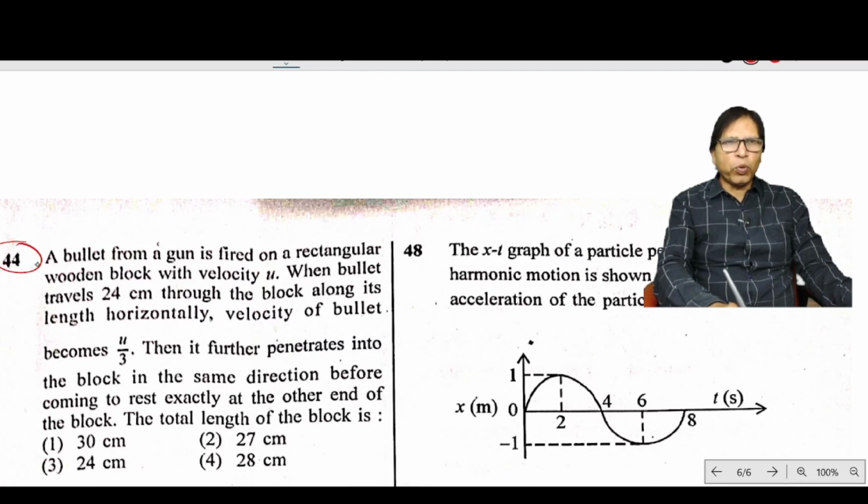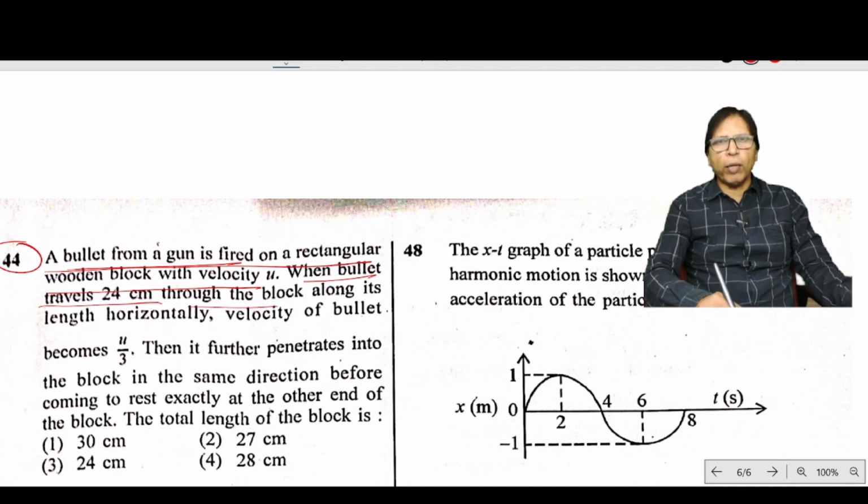Now question number 44. A bullet from a gun is fired on a rectangular wooden block with velocity u. The bullet travels 24 centimeters through the block along its length horizontally. The velocity of the bullet becomes u by 3.